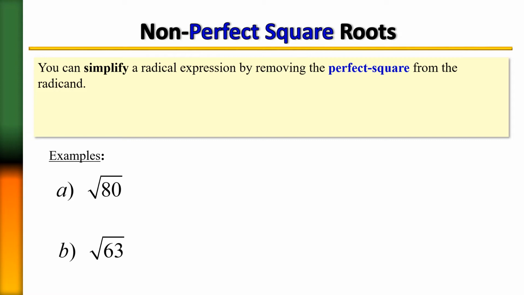So what you have to do is find the perfect inside of it and take it out, solve it, and whatever it equals, it goes outside in front of the radical, and the non-perfect will remain underneath the symbol.